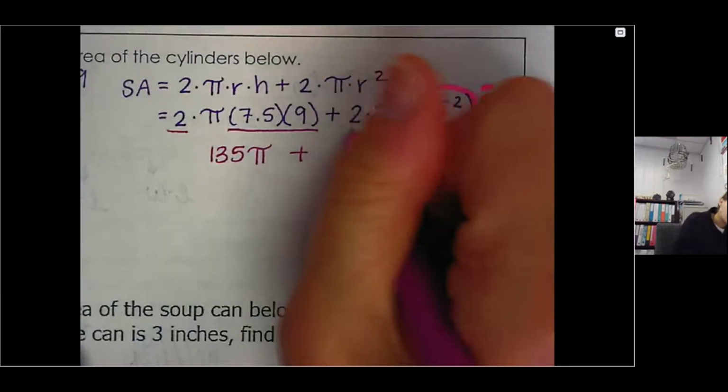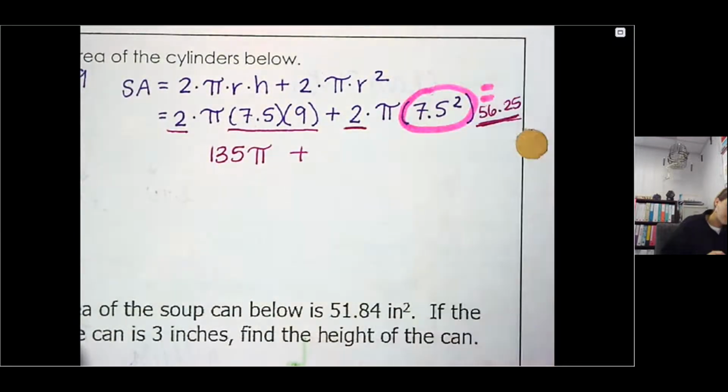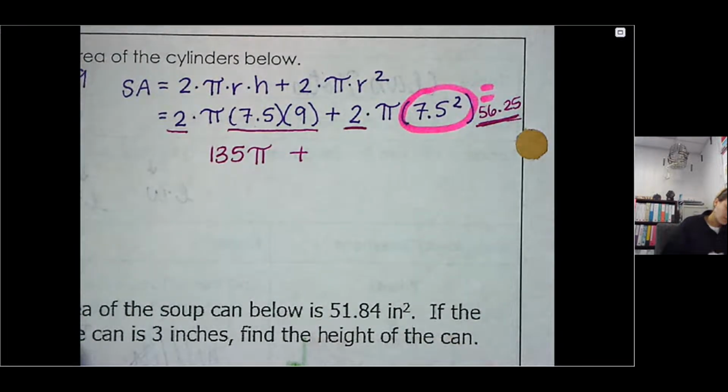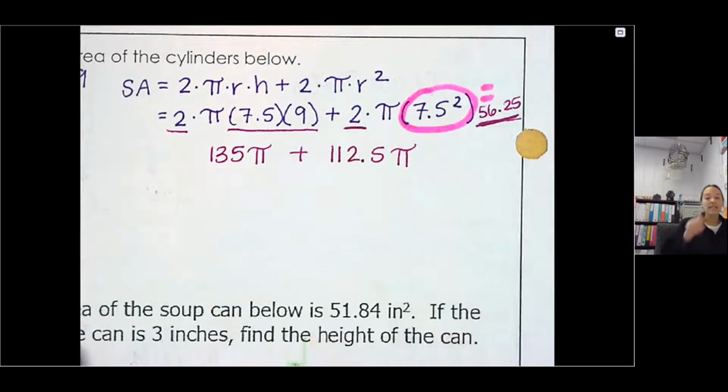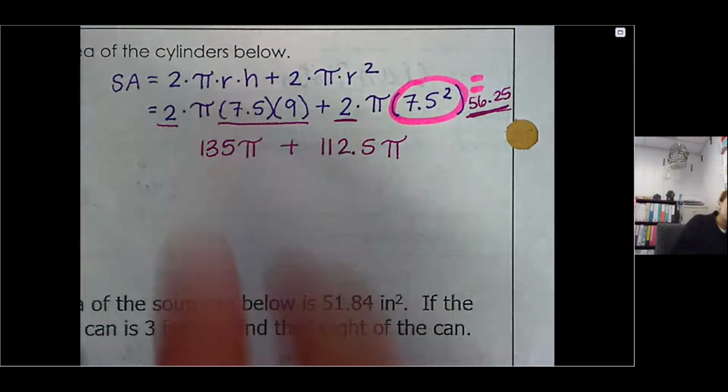I'm going to multiply 2 and the 56.25, which is 112.5 pi.